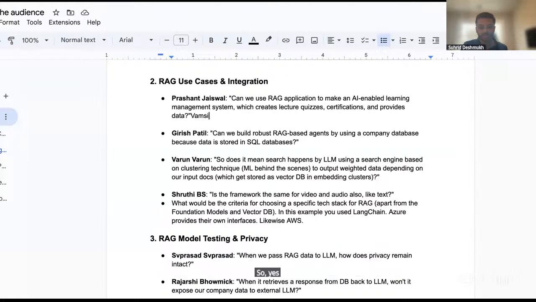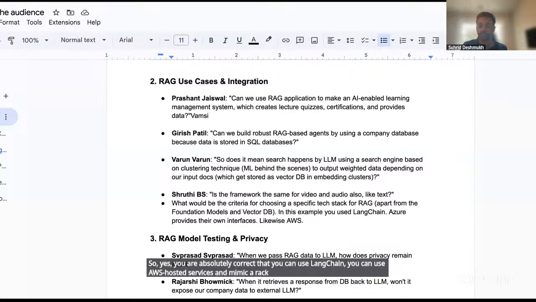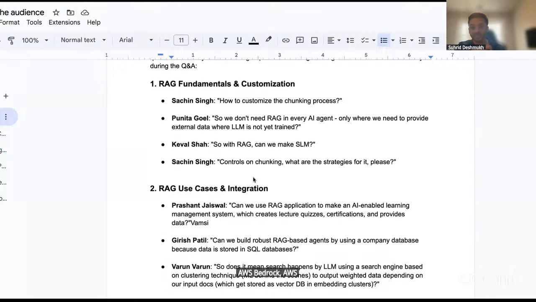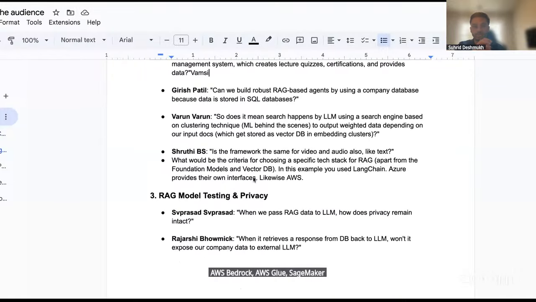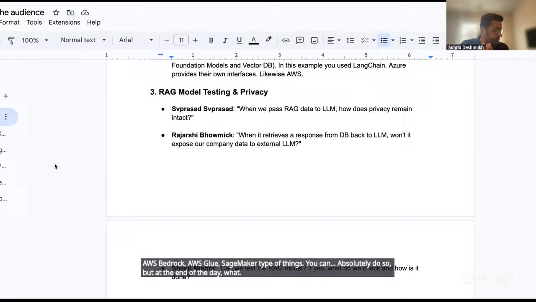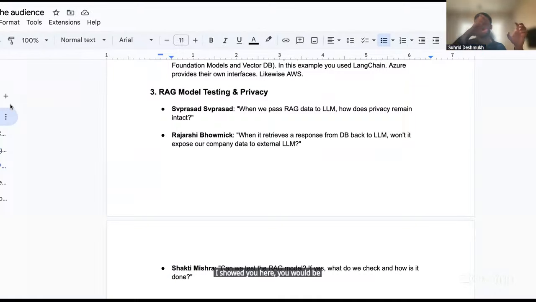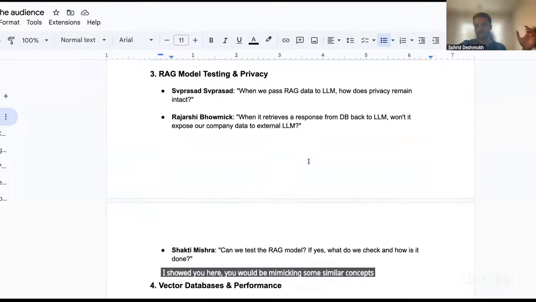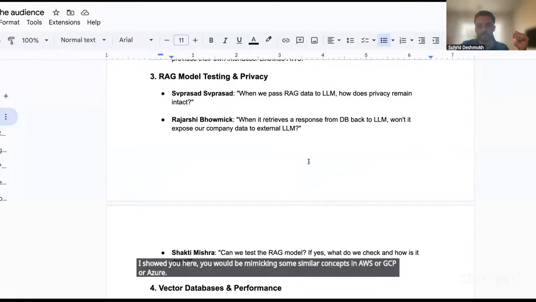So yes, you are absolutely correct that you can use LangChain, you can use AWS hosted services and mimic a RAG-based application using AWS Bedrock, AWS Glue, SageMaker type of things. You can absolutely do so. But at the end of the day, what I showed you here, you would be mimicking some similar concepts in AWS or GCP or Azure to do that.